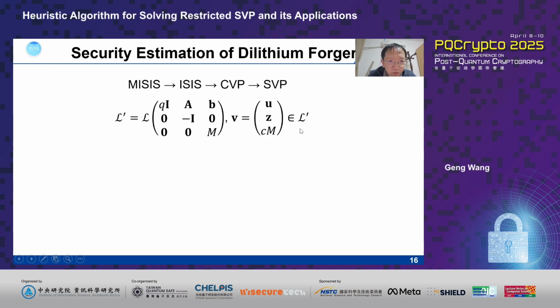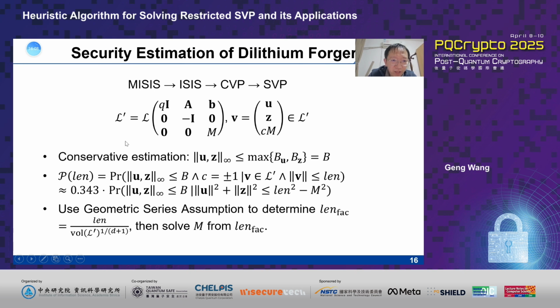Next, we combine the two to get a security estimation for DSM forgery, since this can be solved by an infinity norm CVP problem, and we use the Kannan embedding to turn it into SVP.